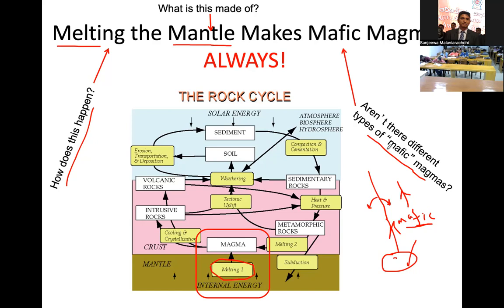But later on, iron and magnesium can be fractionated away, leaving silica and aluminium rich in the melt itself, so that it becomes light in color, and compositionally it becomes granitic. Granitic melts mean felsic melts. So there are such complex processes taking place, initiating from the mantle.